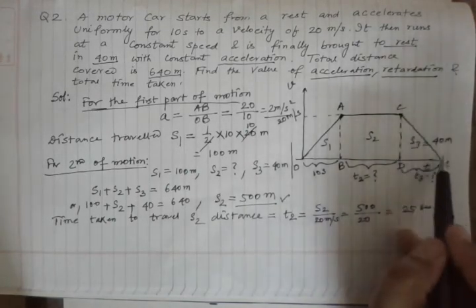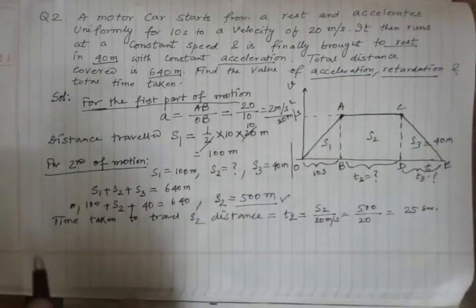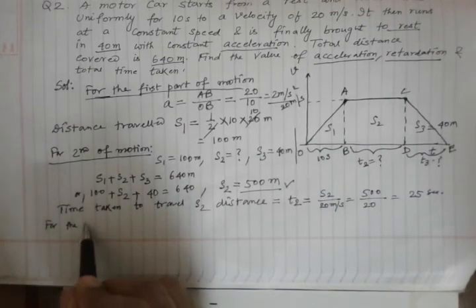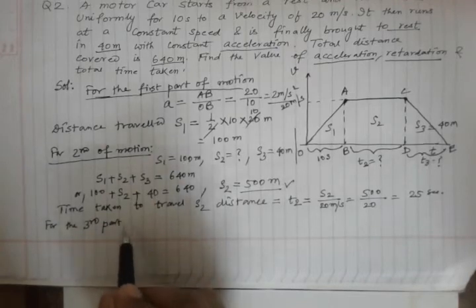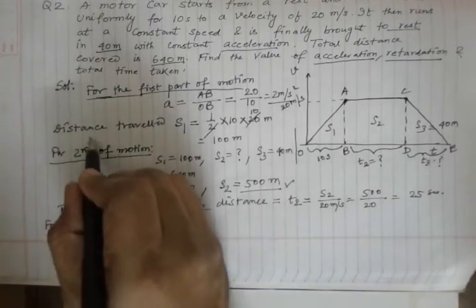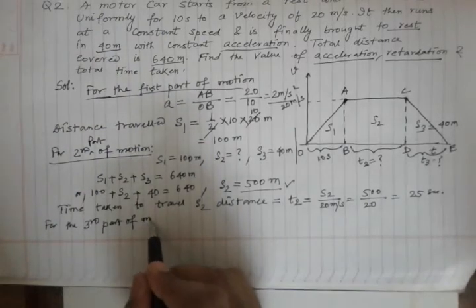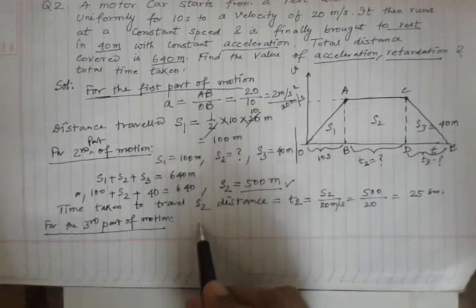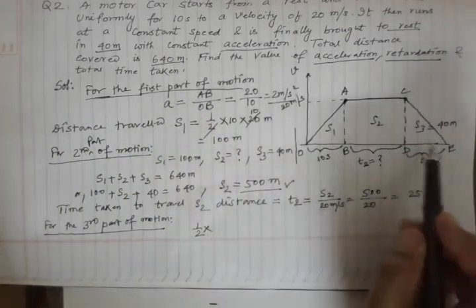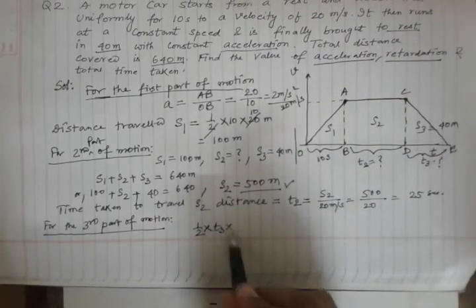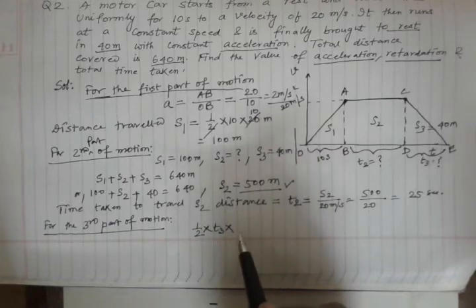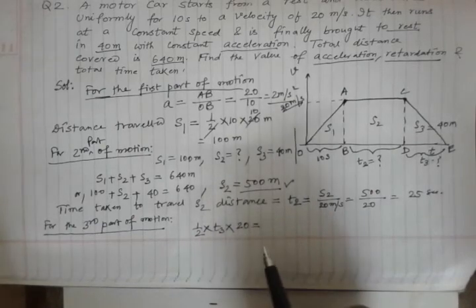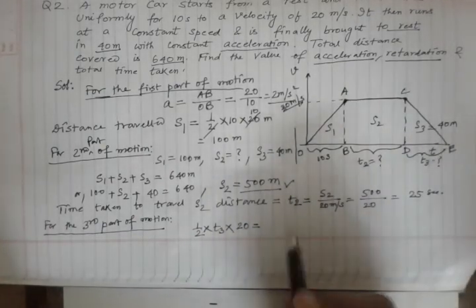So if you find out the area of this one, we'll get it. So for the third part of motion, we get area half into base, which is unknown, T3, into height 20, equal to 40 meters.